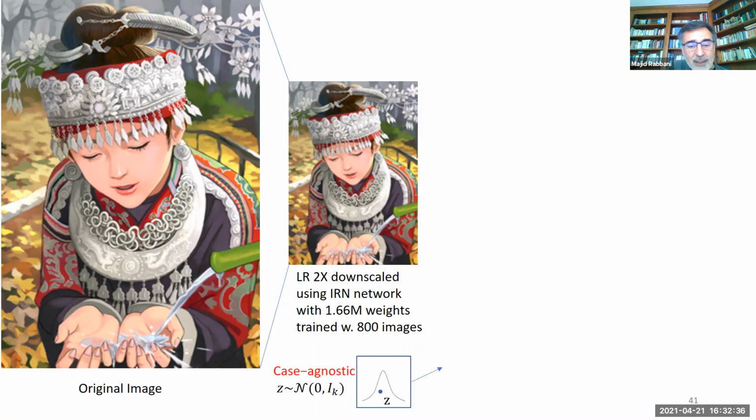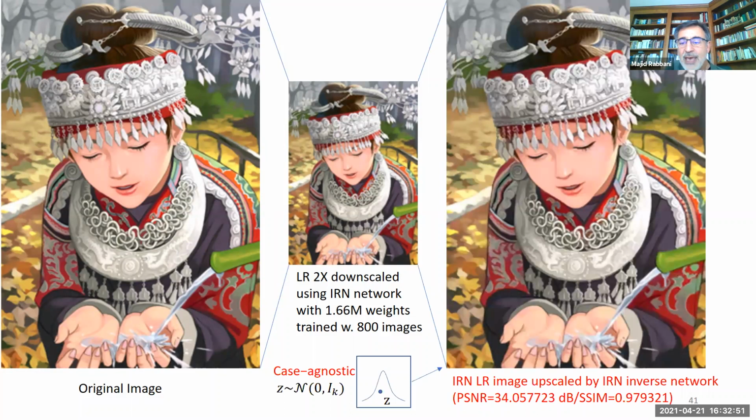Okay, then we take that low resolution image alongside a case agnostic randomly generated set of numbers, which you will never see because it's under the hood and does not require any additional information. And then we upscale that image to get this beautiful looking image that almost visually almost 100% matches the original image, but of course mathematically is not the same.